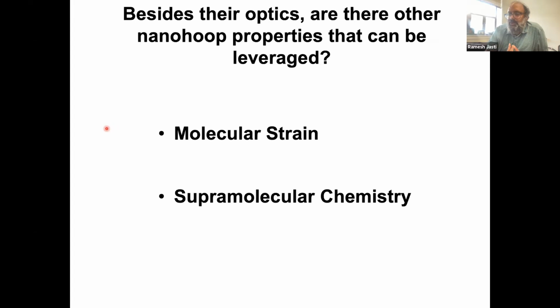The other thing is, most fluorophores are not macrocycles. So it naturally makes you wonder whether there are ways of taking advantage of host-guest chemistry, supramolecular chemistry. And I thought that might be a way to provide more function to the fluorophores, like sensing capabilities. And I'll show you that in a second here.